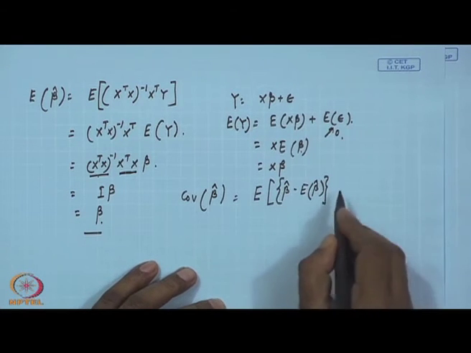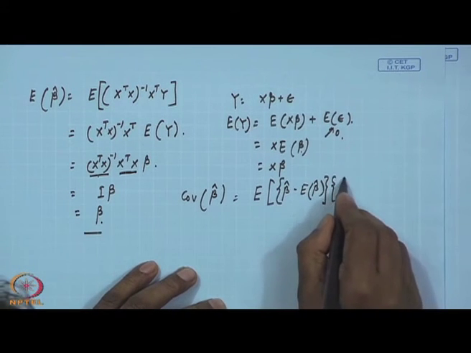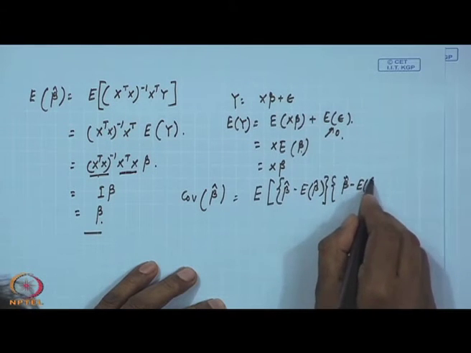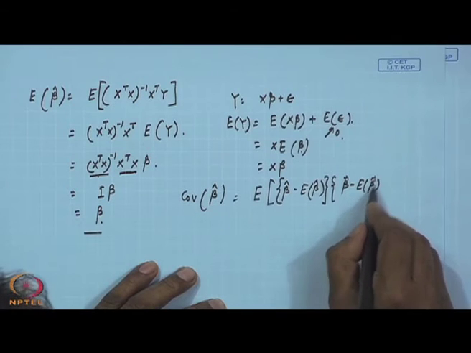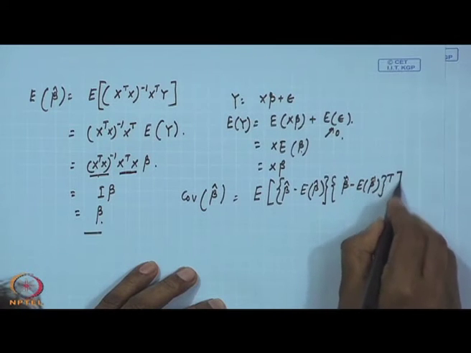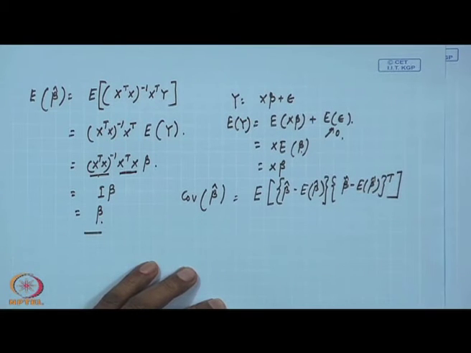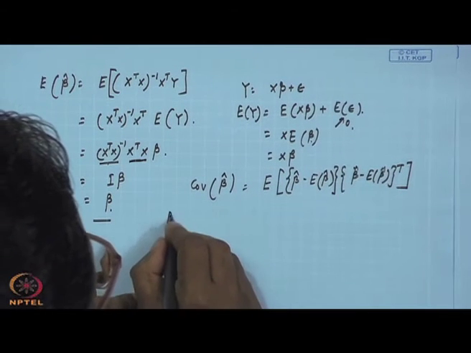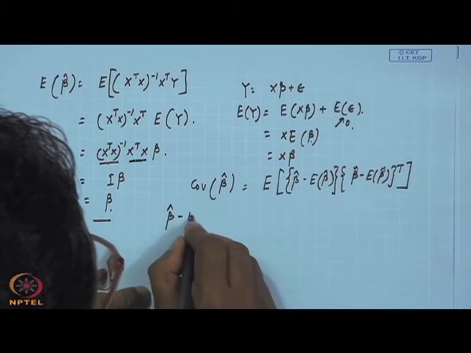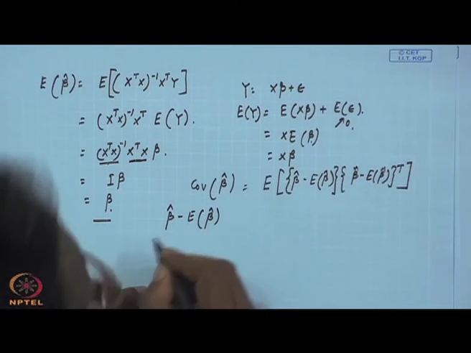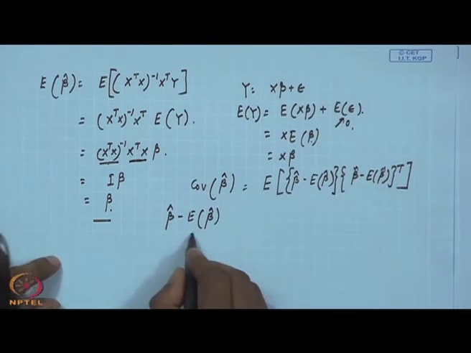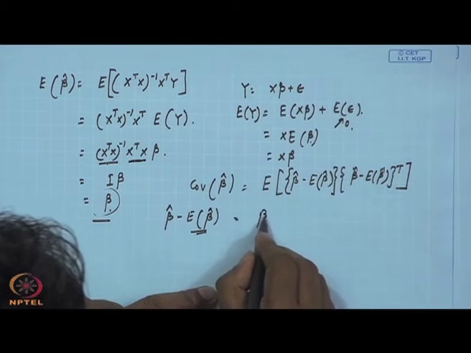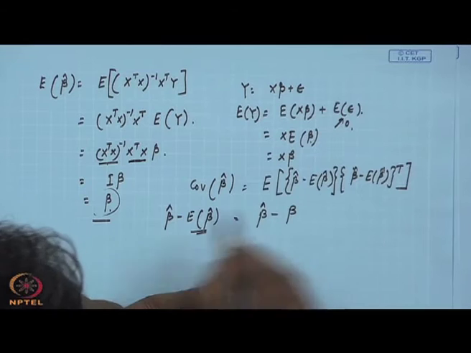This into beta cap minus expected value of beta cap, this transpose. We have seen this earlier. Now, what is beta cap minus expected value of beta cap? Expected value of beta cap is beta. So, this can be written as beta cap minus beta.